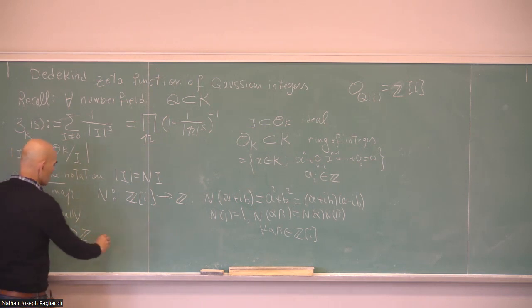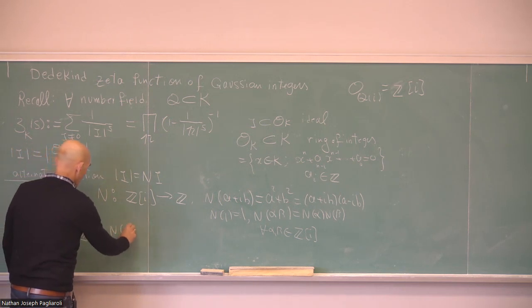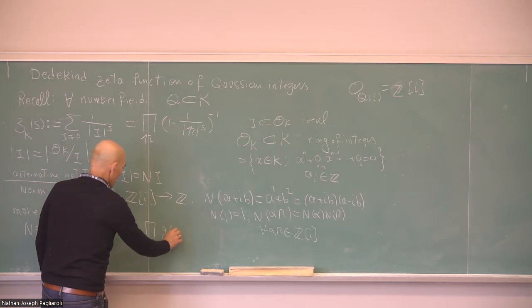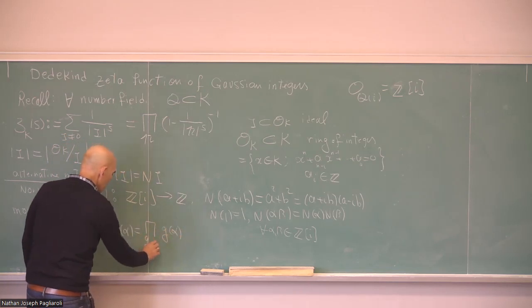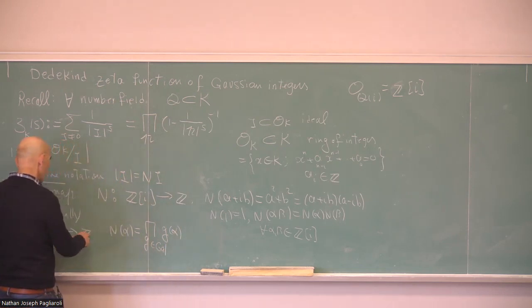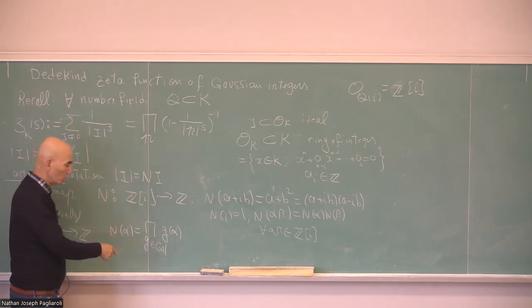N(alpha) is equal to the product of g(alpha), where g belongs to the Galois group of K over Q.